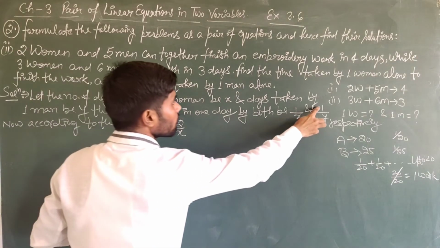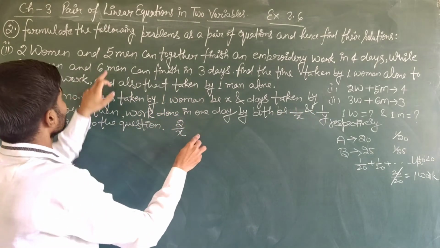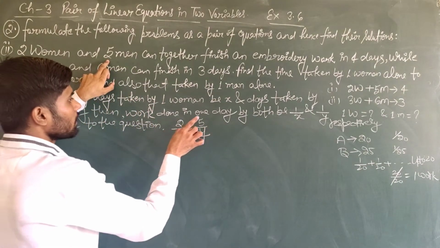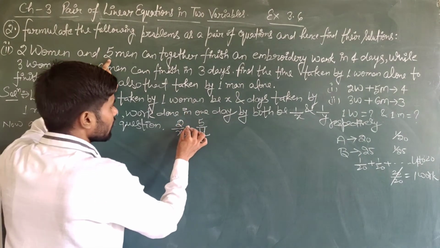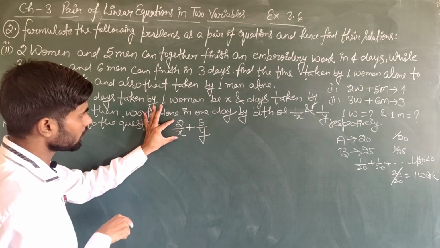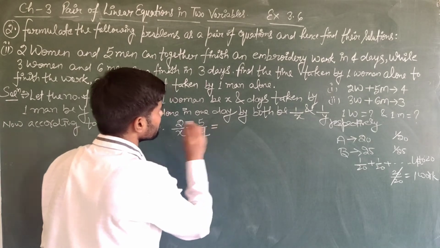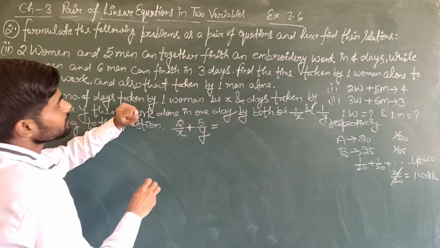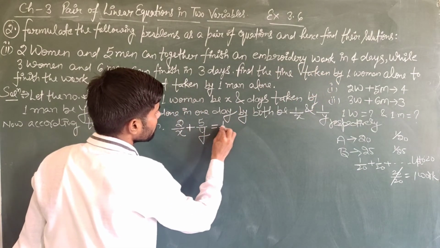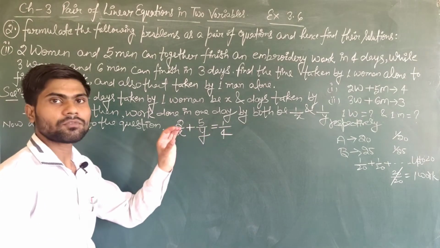And if 1 upon y is work done by 1 man in 1 day, then 5 upon y will be work done in 1 day by 5 men, and this is total work. This is work of woman, this is work of man, and this is total work. And this is equal to how many days? 4 days, means this will be 1 upon 4.